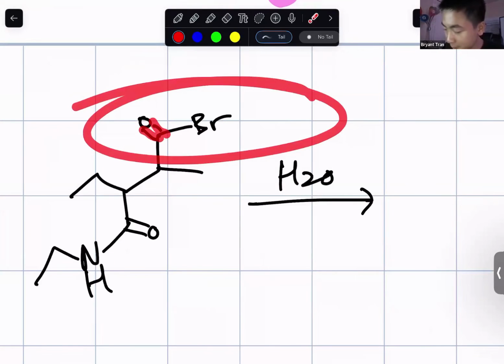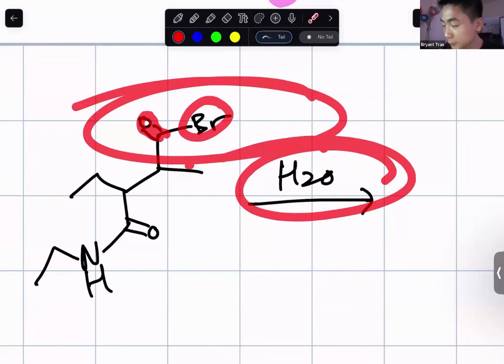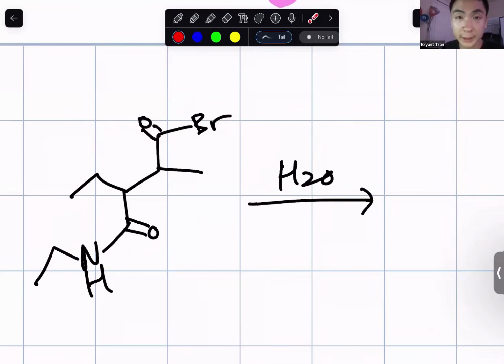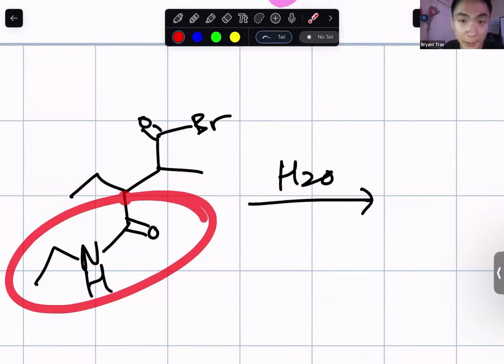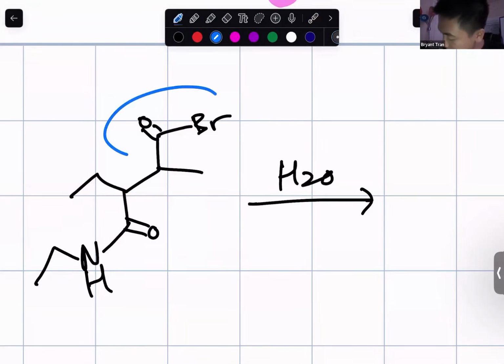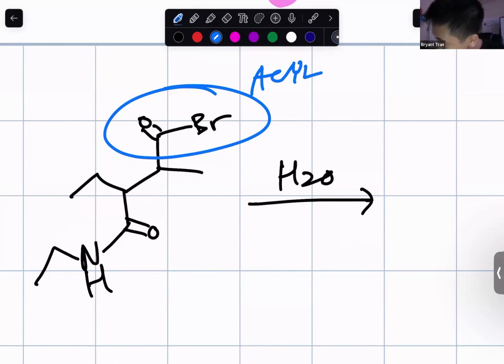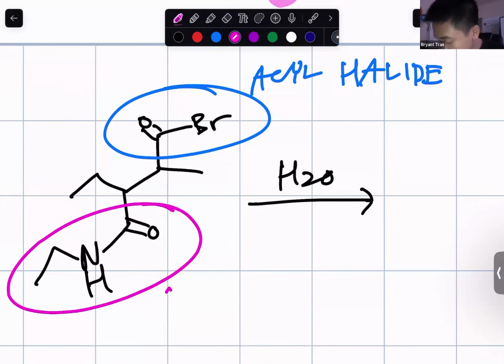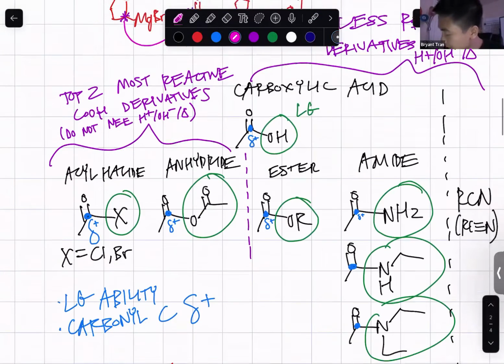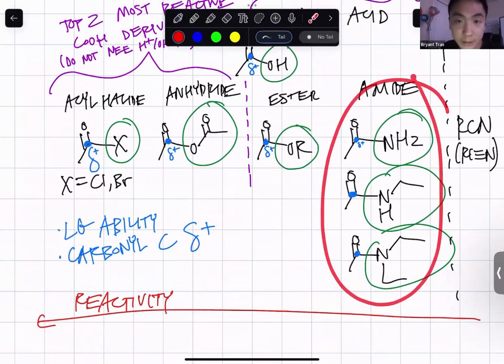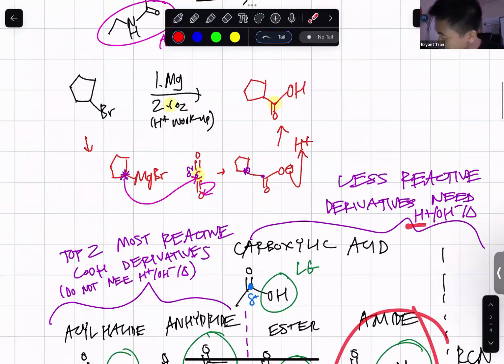The carbonyl with the bromine is the acyl halide, which will react with this neutral water to turn into carboxylic acid, the parent functional group, through hydrolysis. This right here is an amide. Let me label that to make it more clear. This is the acyl halide functional group. This is the amide, like you mentioned earlier. If we look at the reactivity list, amide is one of the least reactive derivatives that needs acid, base, or heat to react.